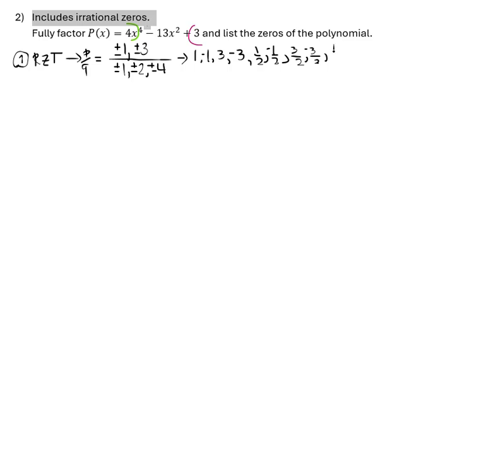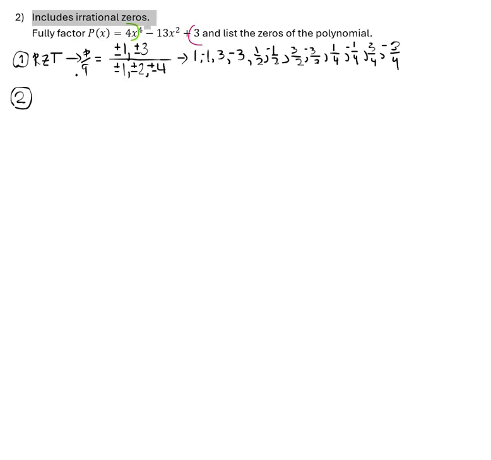I'll need a 1 over 4 positive and negative, so negative 1 over 4. And I'll need a 3 over 4 positive and a 3 over 4 negative. This gives me 12 possible zeros that are real numbers.